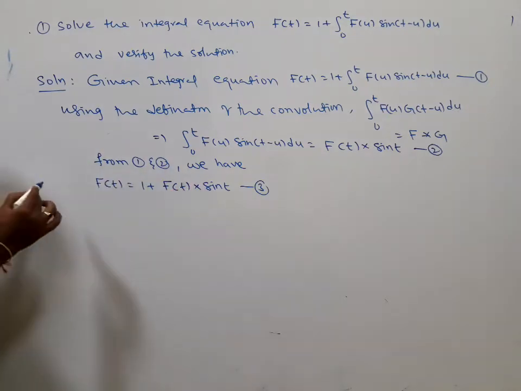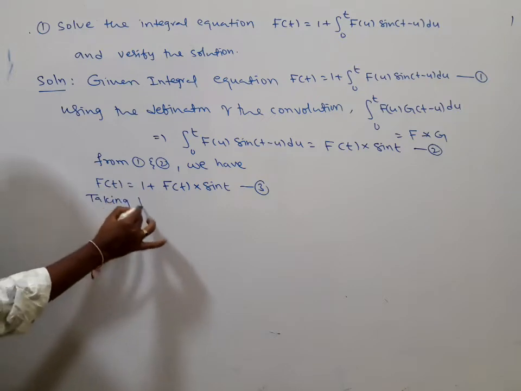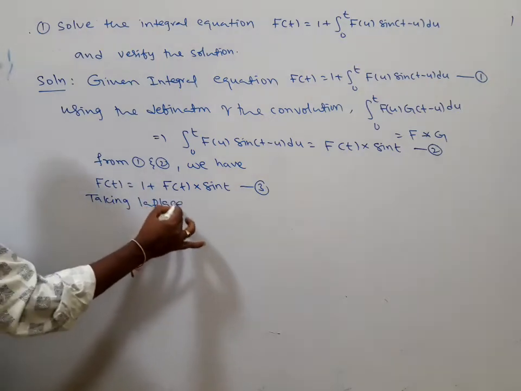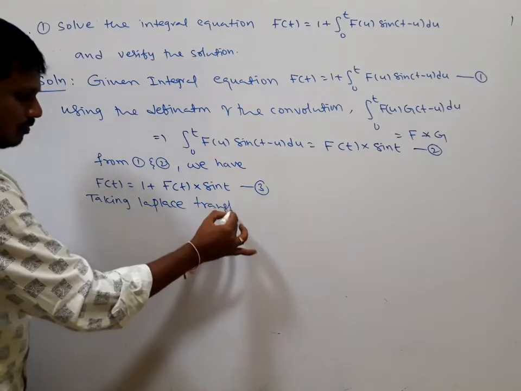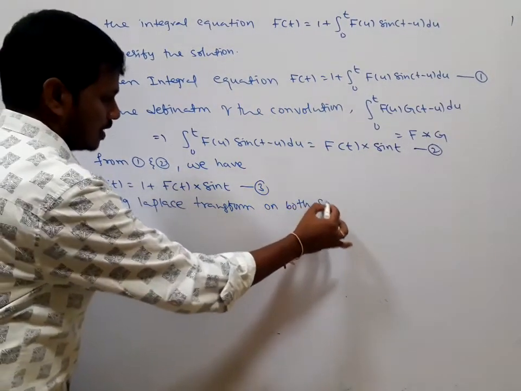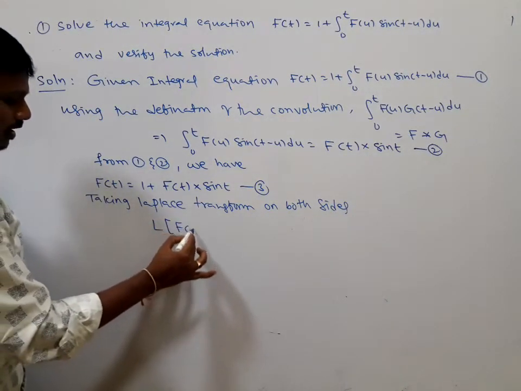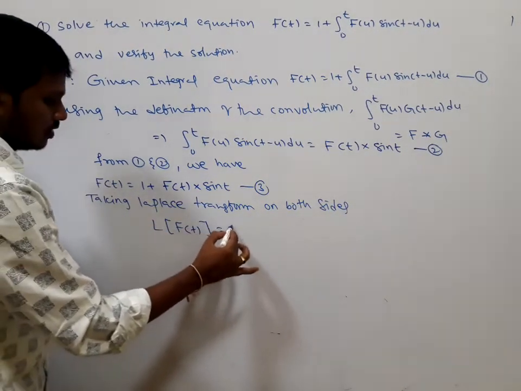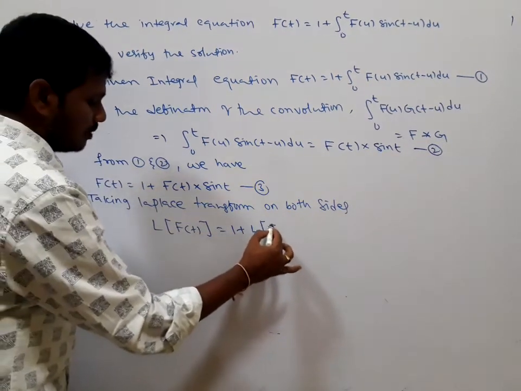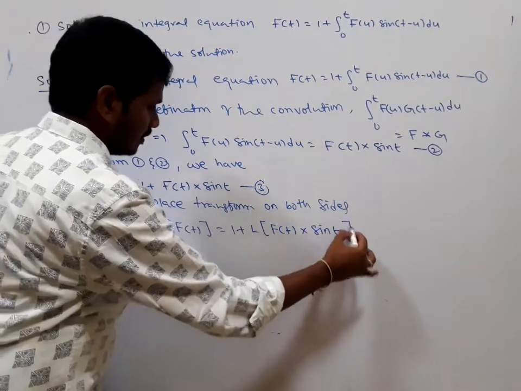Now taking Laplace transform on both sides, we have the Laplace transform of f(t) equal to 1 plus the Laplace transform of f(t) convolved with sin t.